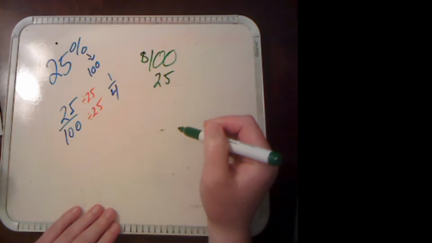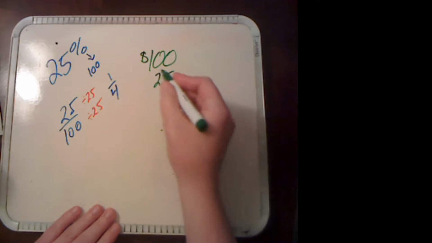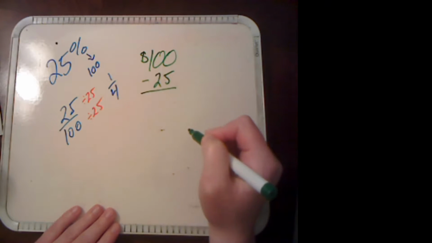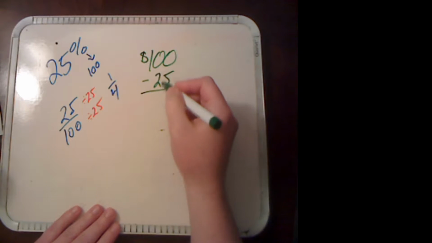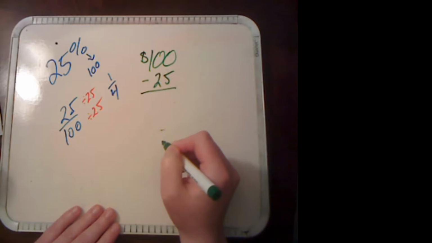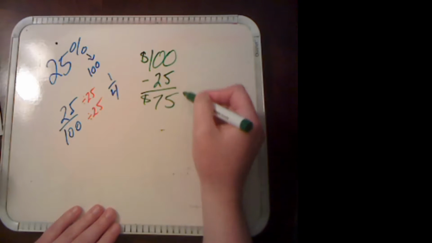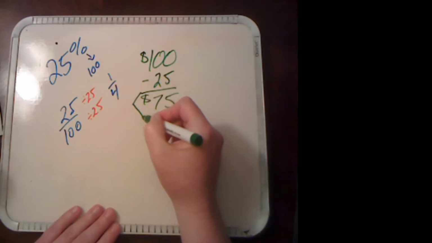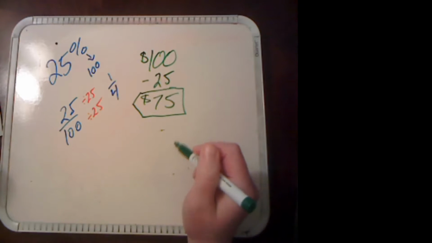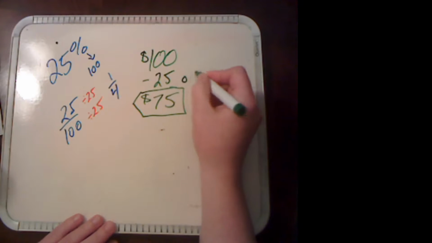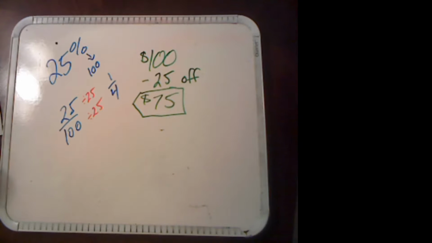You're getting 25% off. That means you're not spending $25. Instead, when you subtract 100 minus 25, you get 75. So that means the new price tag is $75 because you get to remove that 25.